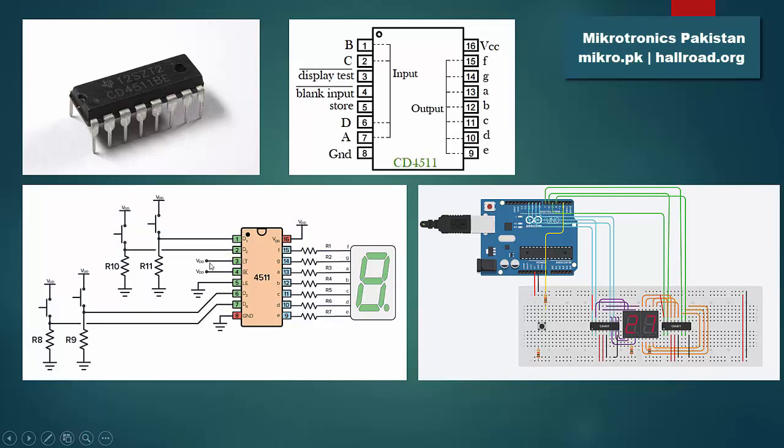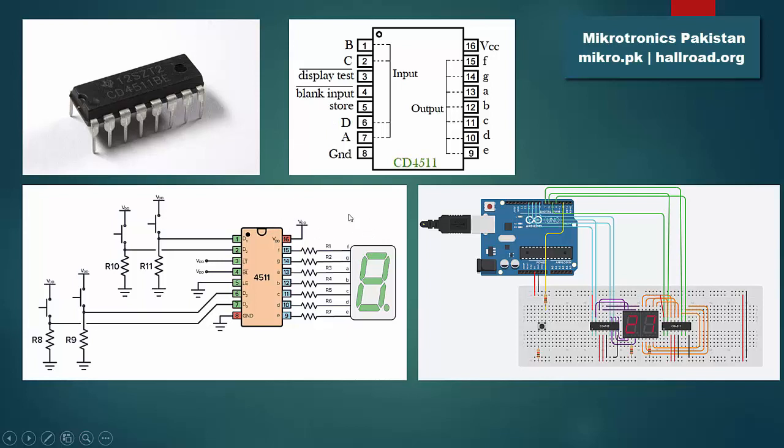So by arranging these four inputs, you can make a number from 0 to 15. The numbers higher than 9 will be shown as hexadecimal numbers like A, B, C, D, E. I don't remember whether this IC supports hexadecimal numbers or whether it decodes the inputs only between 0 and 9.